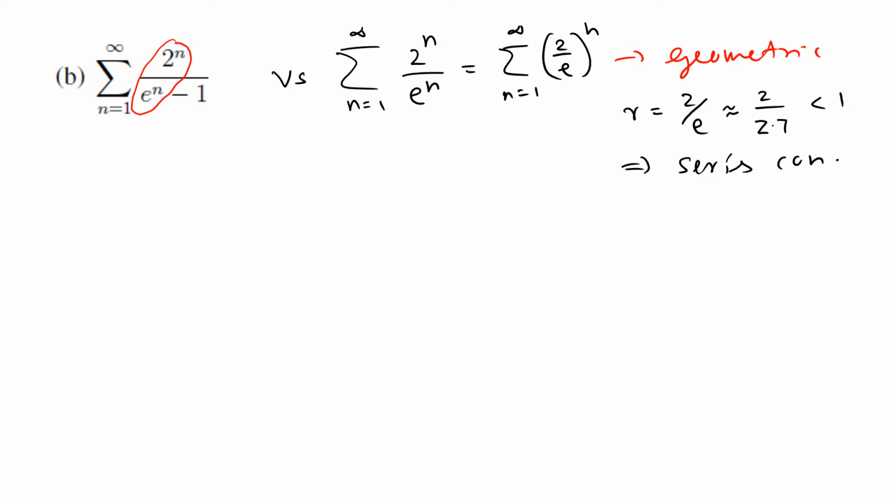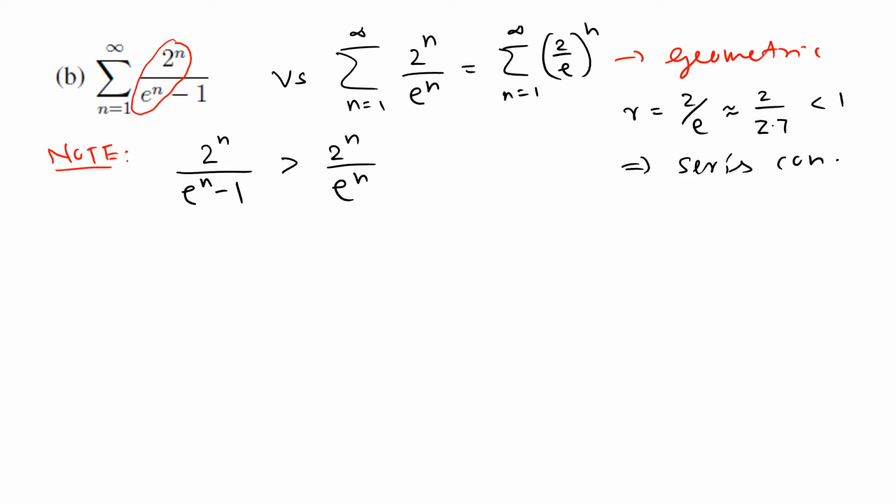But the problem is, I have a note first. So the note is, you see that 2^n over e^n minus 1 is greater than, actually it should be greater than in this case because it's subtracting, greater than 2^n over e^n.